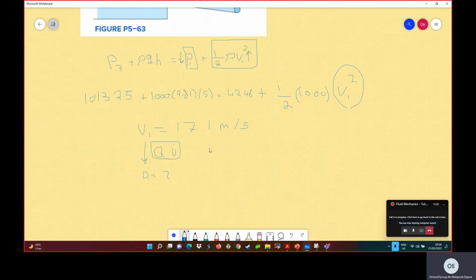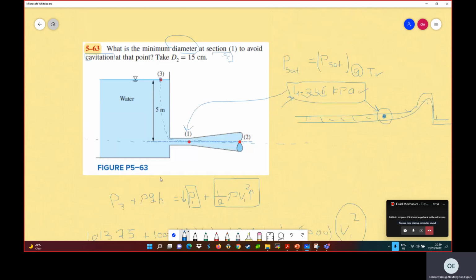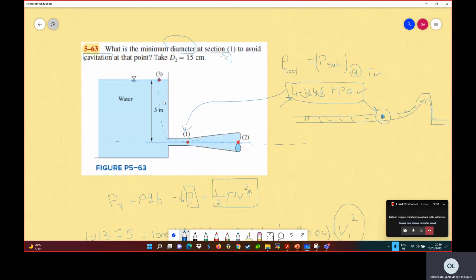Okay, so how can I find the flow rate? Again, you can apply the Bernoulli equation between point 3 and point 2, because point 2 here is the end of the pipe, and then the water will start to go out of the pipe.